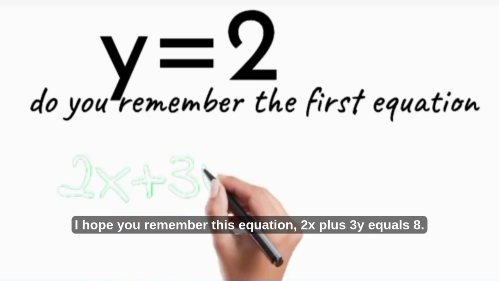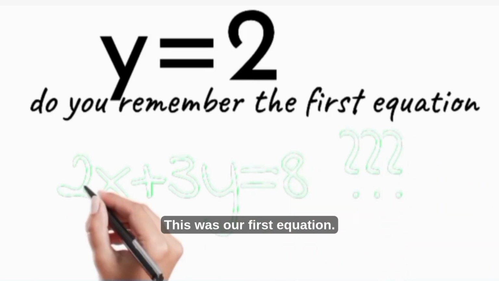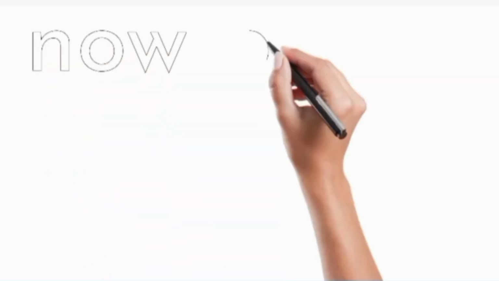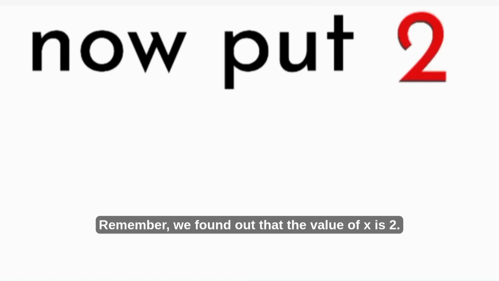I hope you remember this equation, 2x plus 3y equals 8. This was our first equation. Here it is. So what we do is we put 2. Remember, we found out that the value of y is 2.